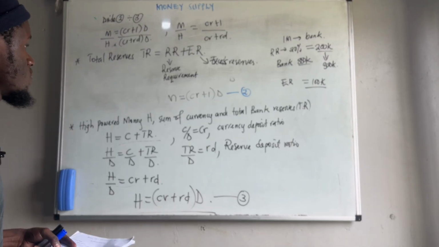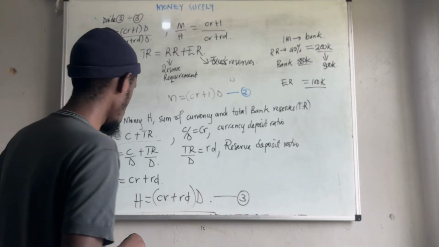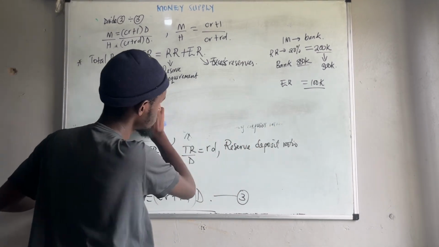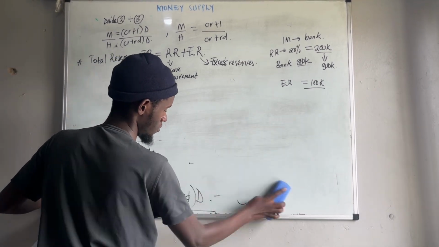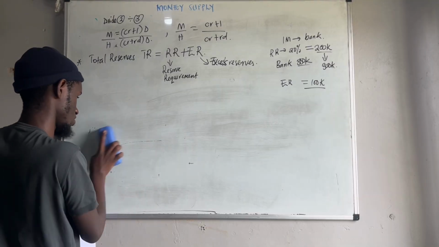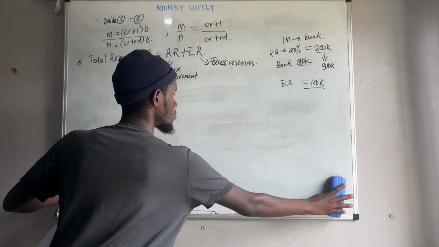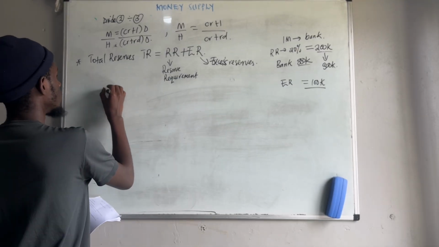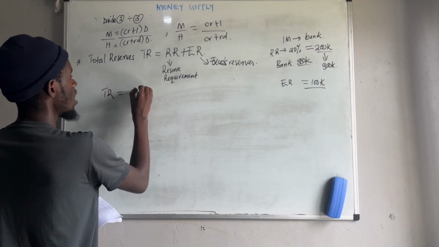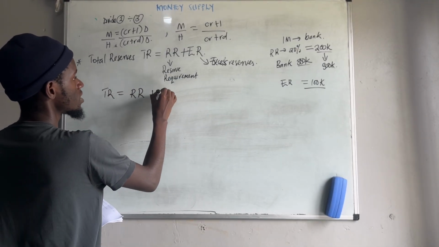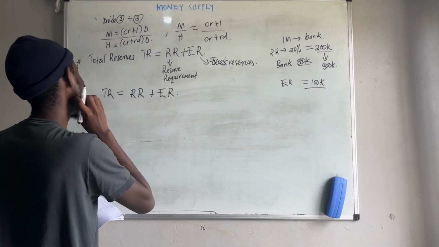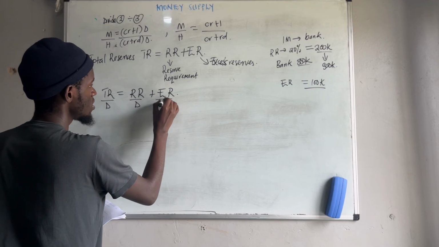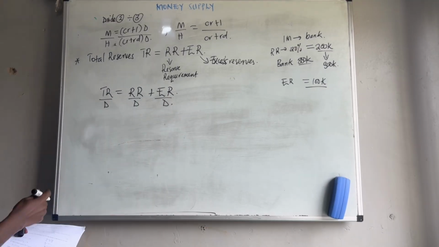Now, from that definition, we can easily go ahead and see how we can derive our money supply function, and we see the money multiplier. From there, we get to know that our TR equals RR, meaning the reserve requirement, plus excess reserves. Now, if we divide by D everywhere, we shall have TR over D, say this is our RD.